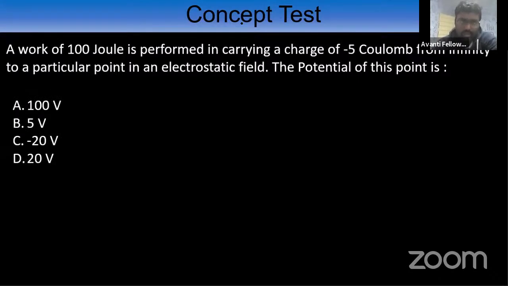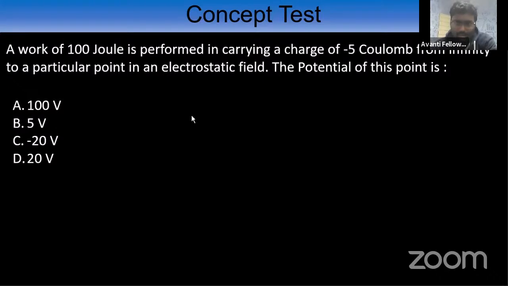So I have a question again for you guys. A work of 100 joules is performed in carrying a charge of minus 5 coulombs. So this is exactly what Dhanush had asked, right?